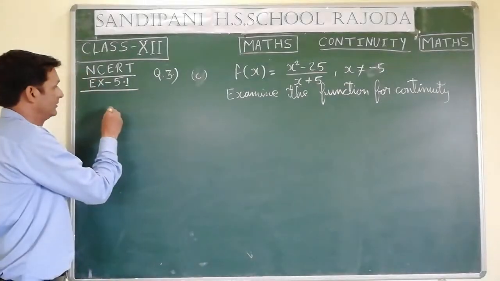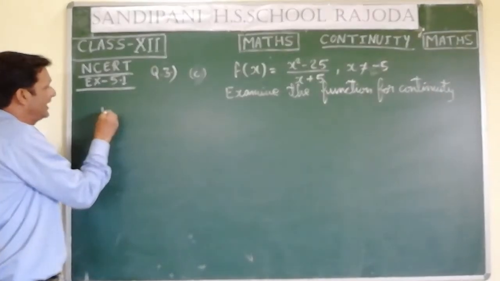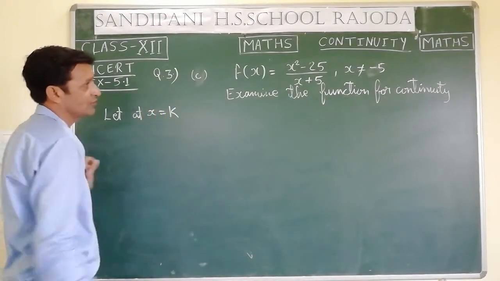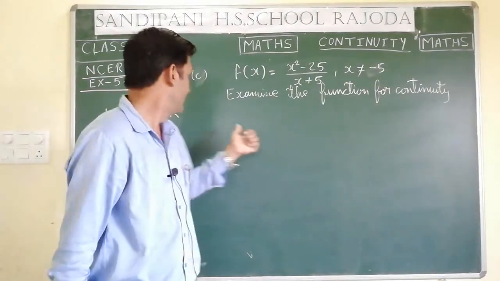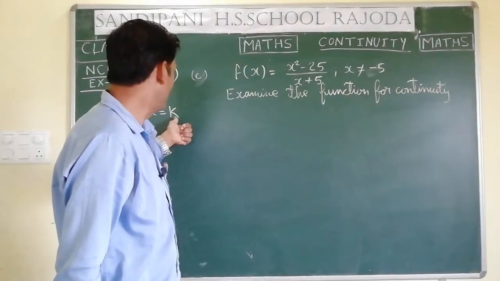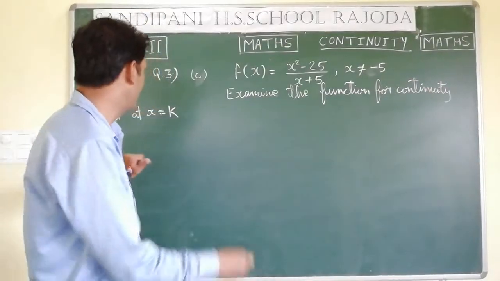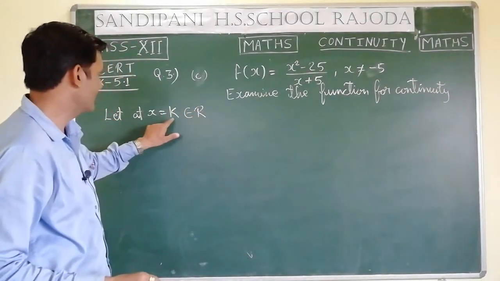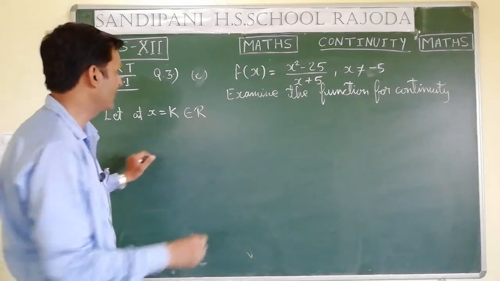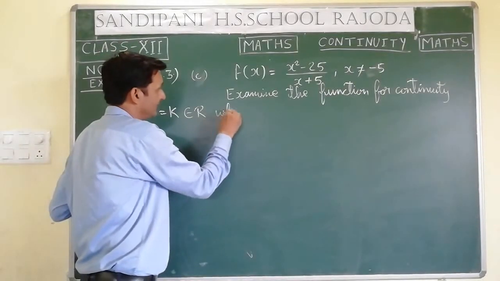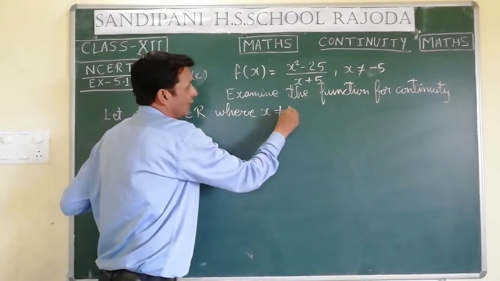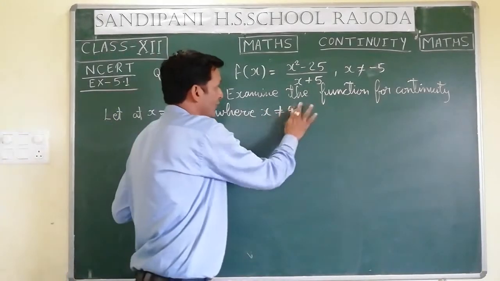So let us take a point x is equal to k. Suppose we are assigning one variable, or we can say any real number, x is equal to k is an element of real numbers, where k is not equal to minus 5.